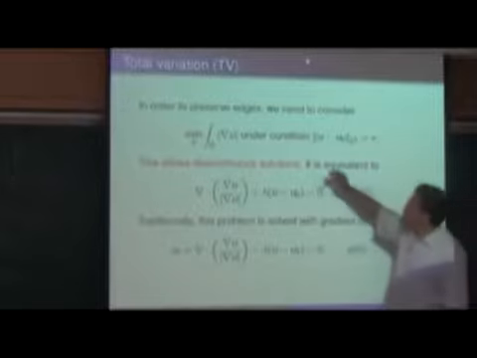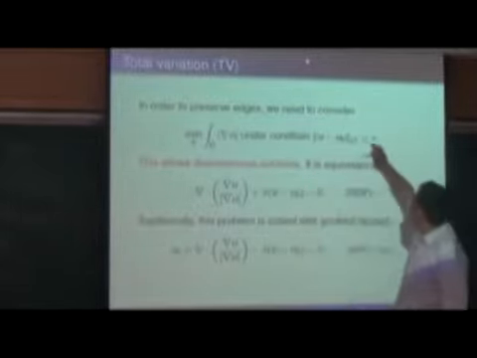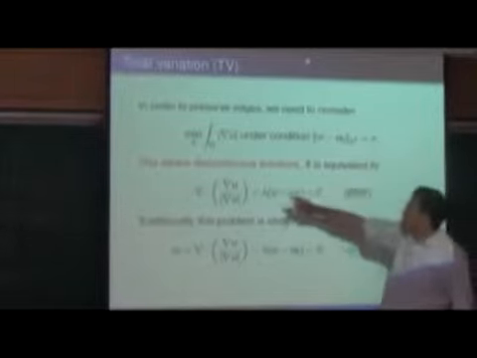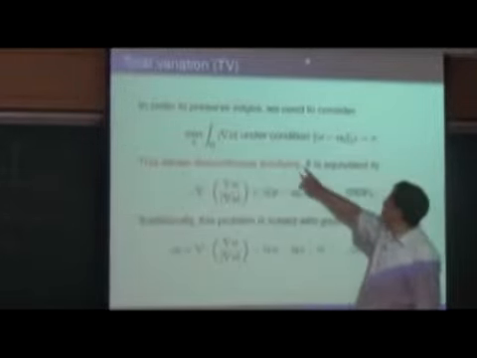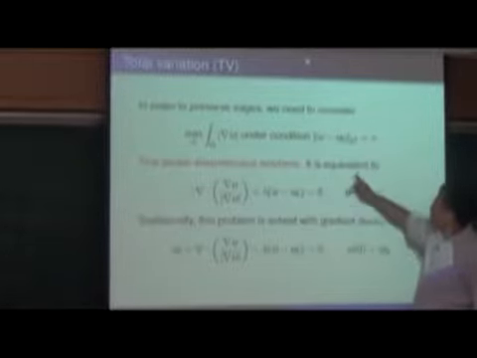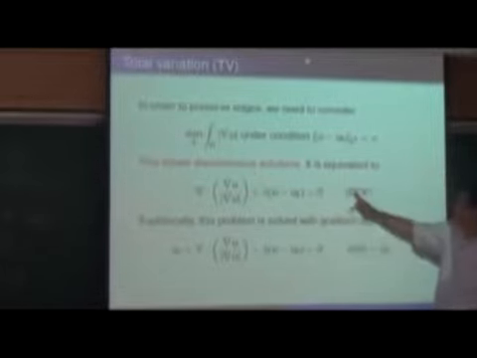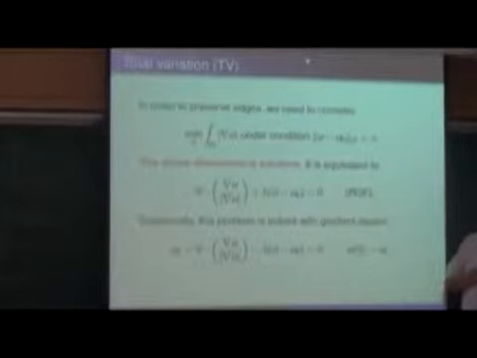So you just replace the 2 by 1, here is essentially the total variation, and you still consider these constraints. This will allow discontinuous solutions. If you minimize this one, still using the Lagrangian, you will solve this equation. And this is the well-known Rudin-Osher-Fatemi model.